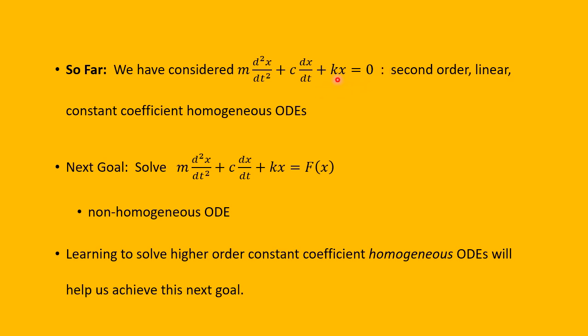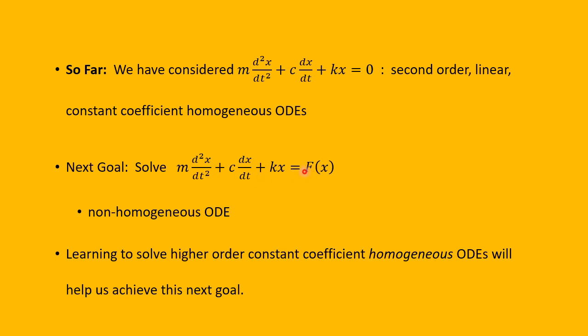But what we had here was a second order linear constant coefficient homogeneous, because there was 0 on this side, ordinary differential equation. The next thing we're going to look at, starting after this lesson, is to solve this differential equation, where f of x is going to be a function that's not identically 0 as it is up here. So this will be a non-homogeneous ordinary differential equation.